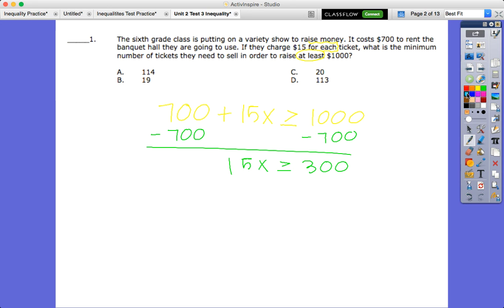Now the next step is for me to divide both sides by 15. 15x divided by 15 gives me x is greater than or equal to 20, because 300 divided by 15 gives me 20. So the question said, what is the minimum number of tickets they need to sell? And the answer is C, 20.